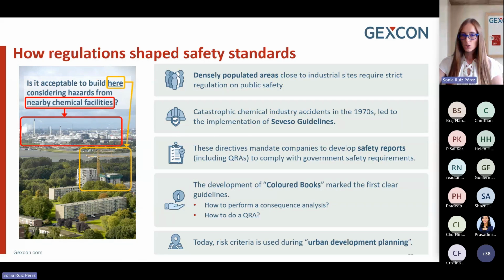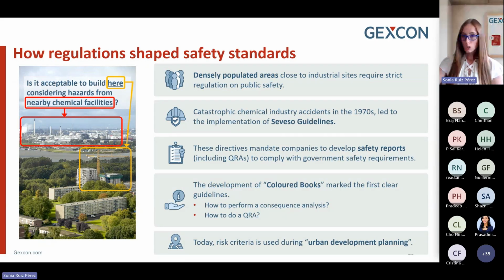To provide some historical context, the need for risk criteria became evident in the 70s when catastrophic chemical industry accidents underscored the importance of public safety around industrial sites. This led to the Seveso guidelines, which mandated companies to perform QRAs, or quantitative risk assessments, to prevent similar disasters.